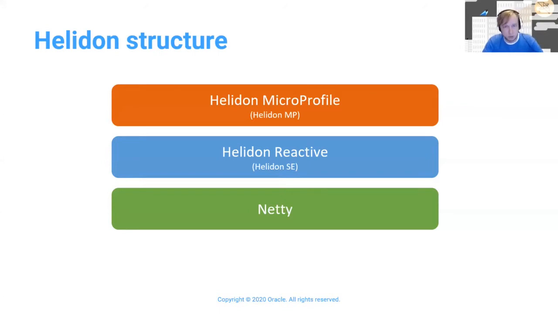Helidon SE is programmed in a reactive way and doesn't contain any magical frameworks like dependency injection. It contains only the necessary stuff, so you basically have to do everything yourself. It provides a unique developing feeling, which is based on the builder pattern. So you will be building everything via builder patterns and using it the reactive way.